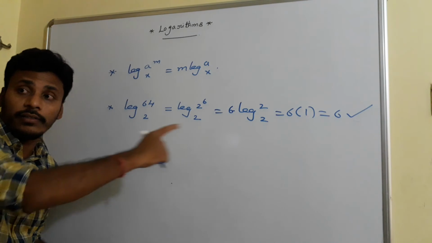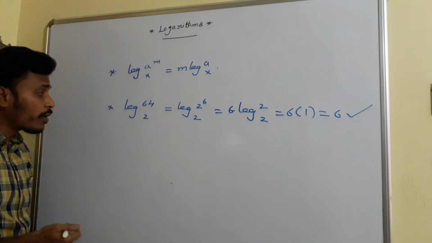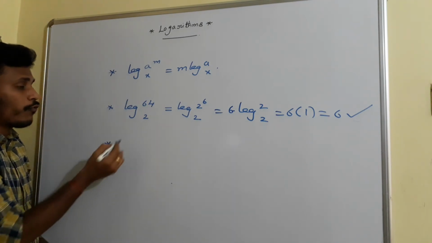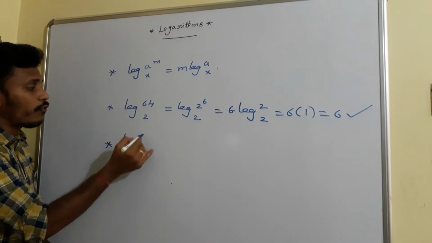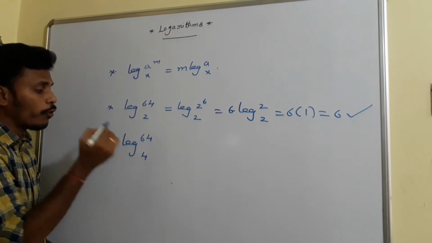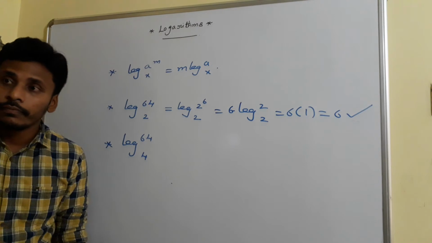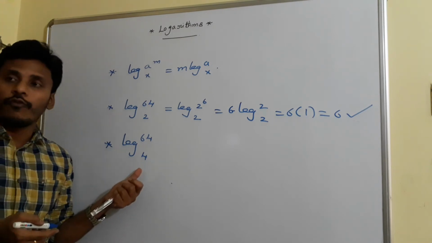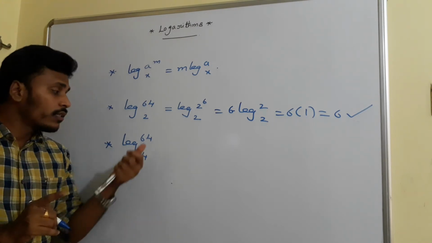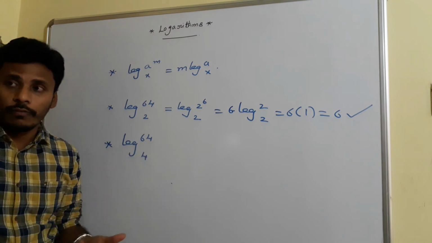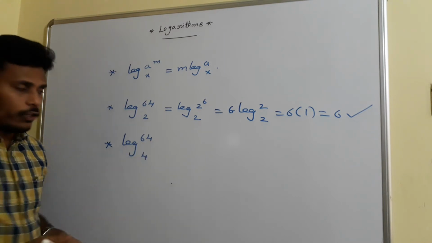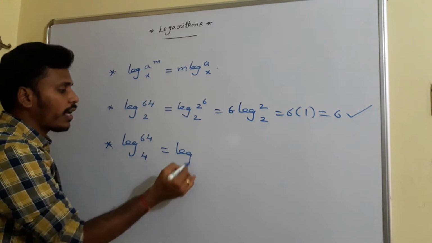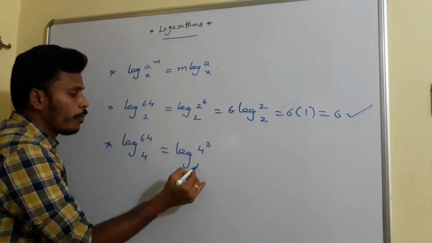How did I simplify? Just have a look here. Suppose instead of 64 base 2, you have 64 base 4, then what do you do? Since the base is 4, you need to express that 64 as a power of 4 for the simplified value. It can be expressed as logarithm of 4 cube base 4.